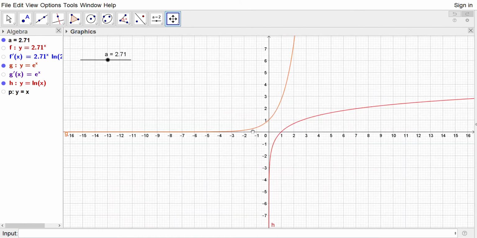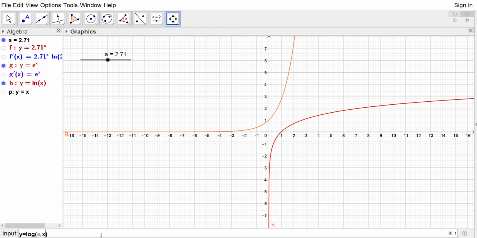So we've now met the number e and we consider the function e to the x. That's kind of our standard exponential model. You'll see more of why we do that as we study A2 maths. And we also have the inverse of that, ln x. That's just a logarithm base e. So we could have also written that as y equals log, and then we just need to type in the base, e, of x.